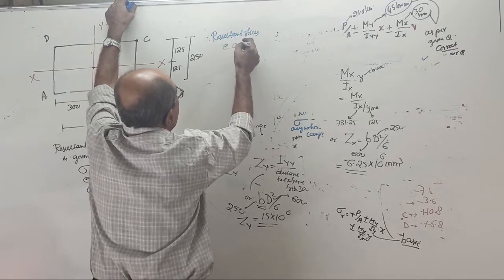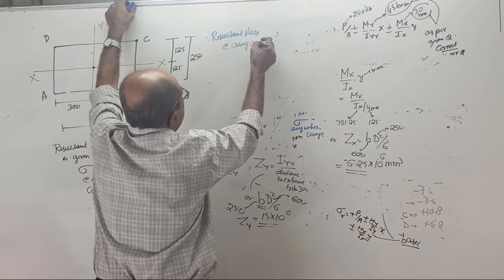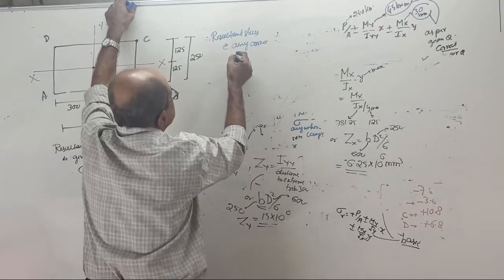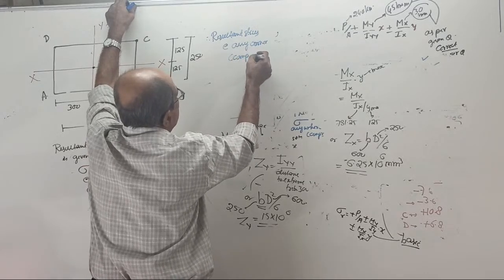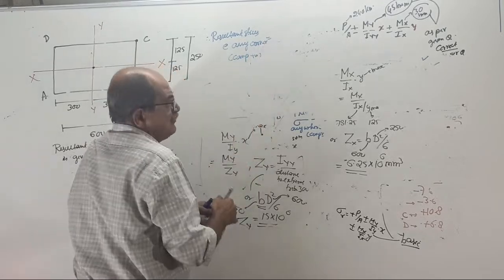at any corner, compression positive, is equal to, what is the formula?